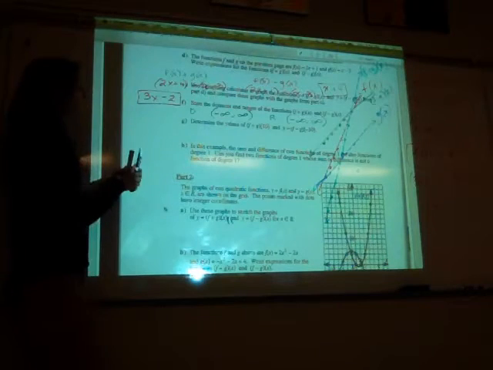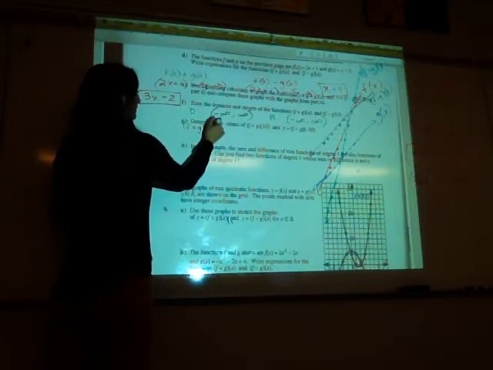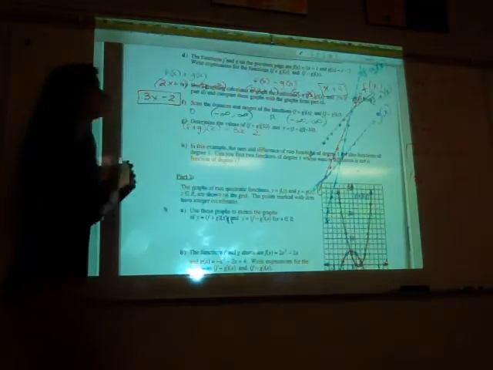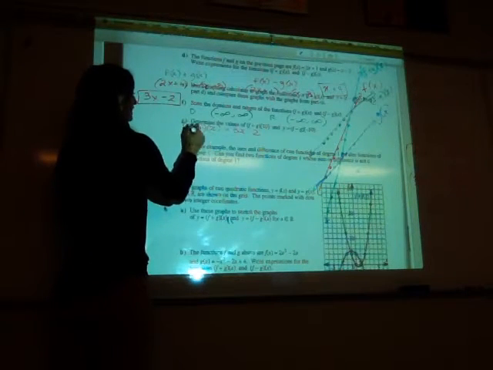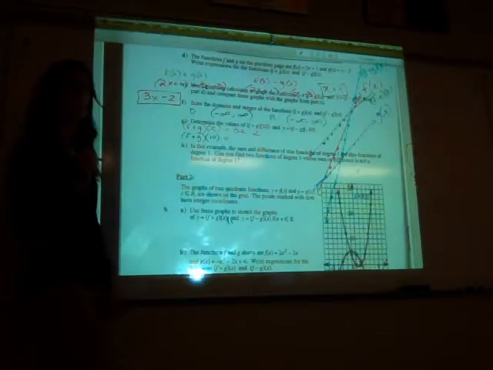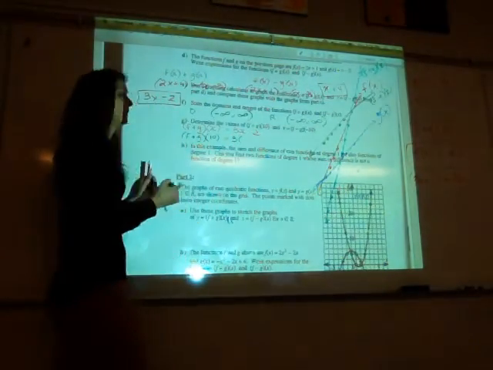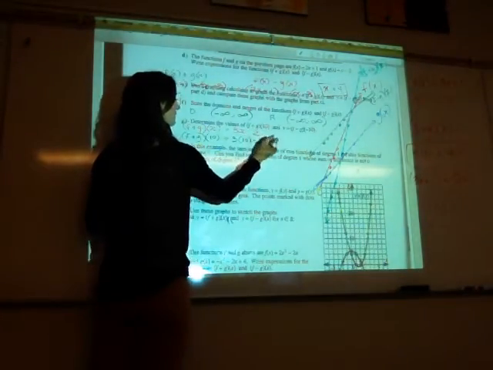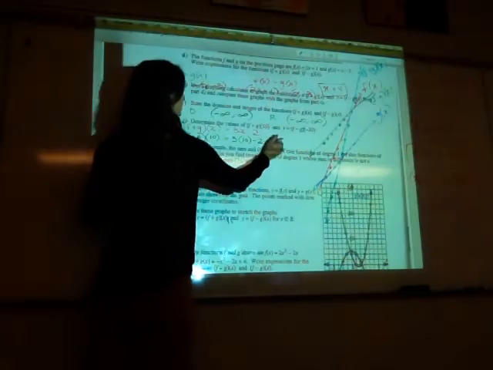Okay, so if we knew that f plus g of x was equal to 3x minus 2, what will f plus g of 10 look like? What's replacing that x? 10. So, in our expression, we have to replace the x also with 10. And then evaluate. So we get 3 times 10 minus 2 is 28.